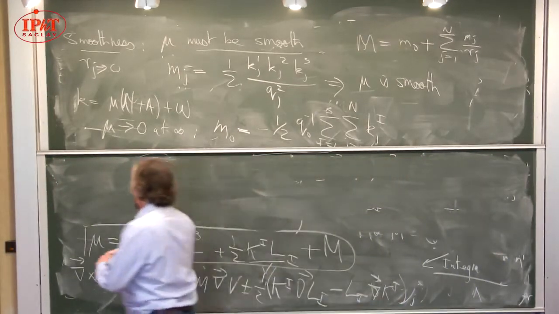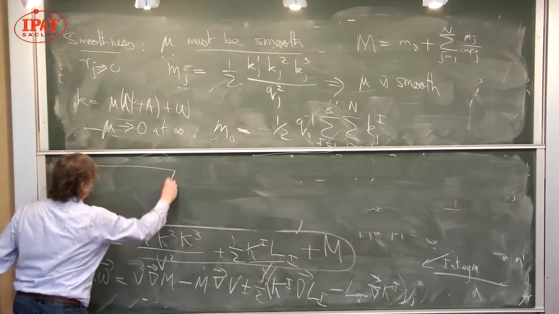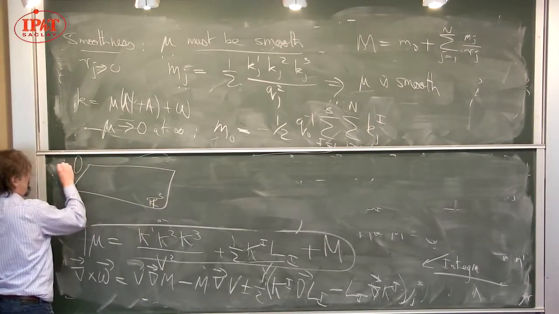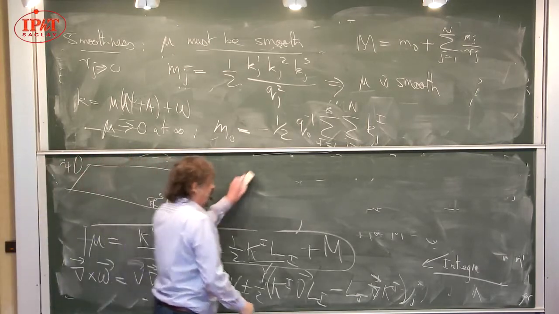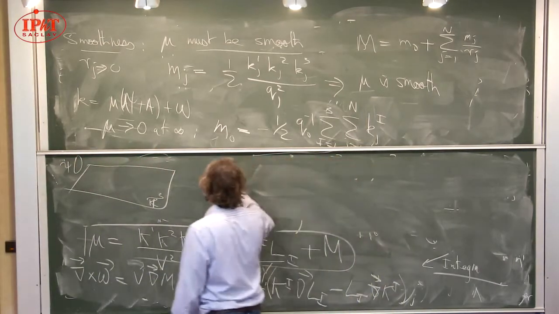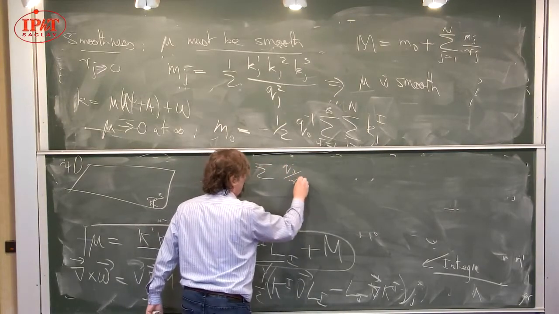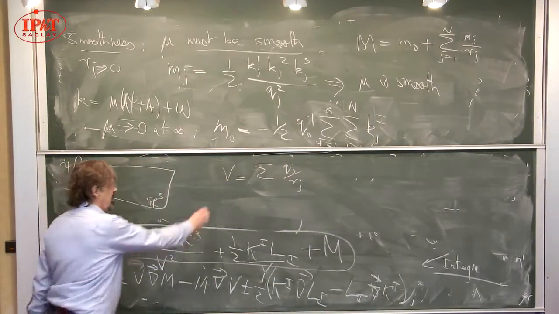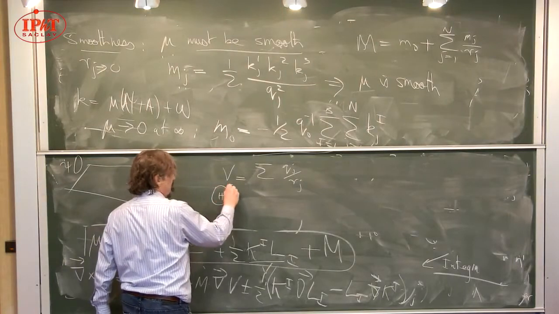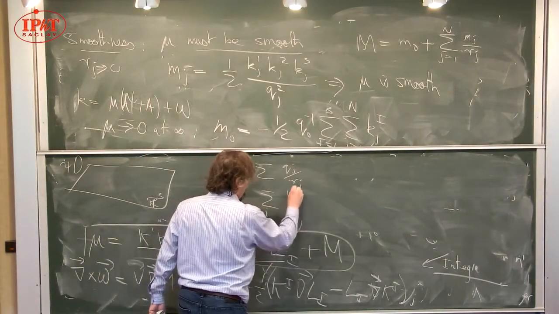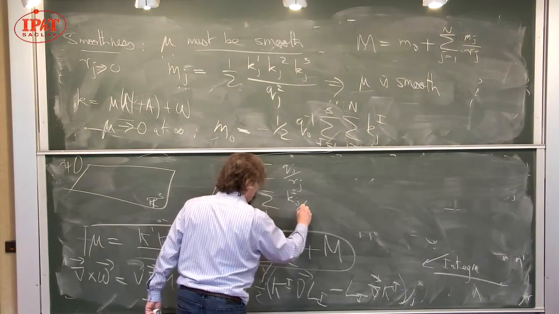We started with the Gibbons-Hawking base, which is R3 with a psi fiber over it. And all the details are encoded in a single harmonic function over Rj. We then introduced fluxes, which were encoded as a sum over j of some kij over Rj.